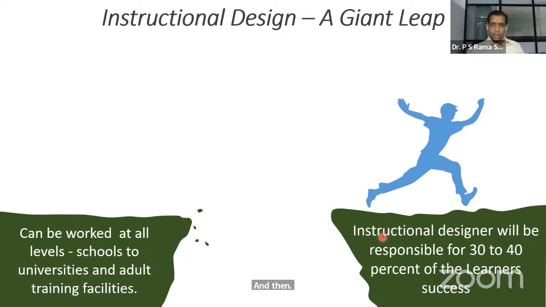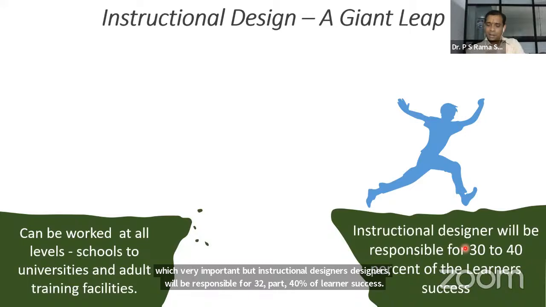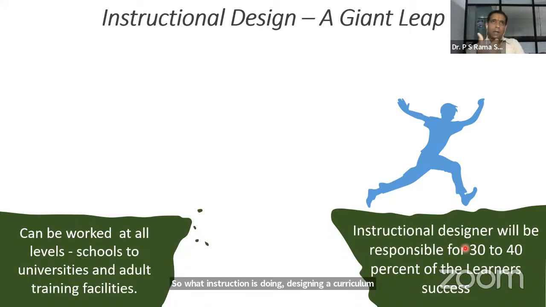And then the final part, which is a very important part: instructional designers will be responsible for 30 to 40% of learner success. So what is an instructional designer doing? Designing a curriculum, designing a discipline, the courses in a discipline, designing a subject. All these come under instructional design, right?